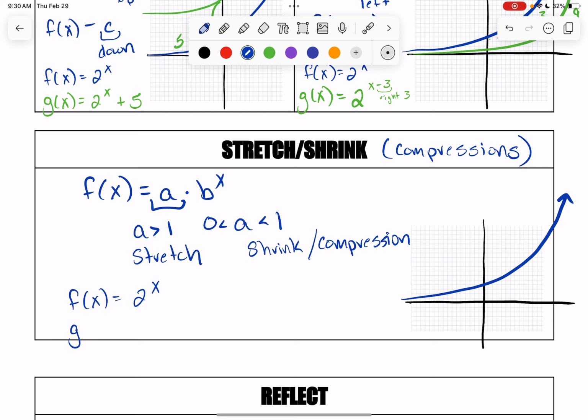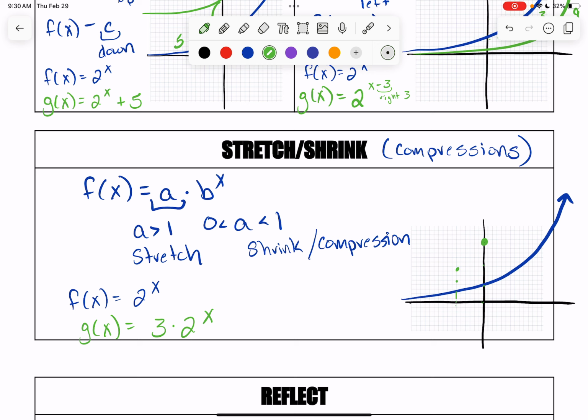If my new g of x is 3 times 2 to the x, it's now going to make it 3 times as far. So whatever this distance is, I now go 3 times as far. So it'll be 1, 2, 3. Now here's my new point.